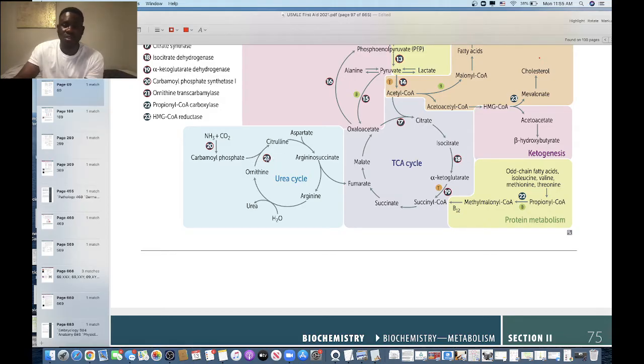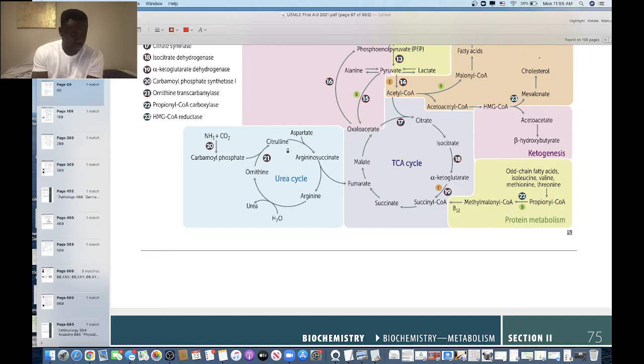Now, if this is deficient, what will happen? We'll have an excess of carbamoyl phosphate. We'll have an increase in ammonia as well, right? We'll have an excess of ornithine as well, but decreased citrulline. So just take note of that. The question will always say there is a decrease in citrulline.